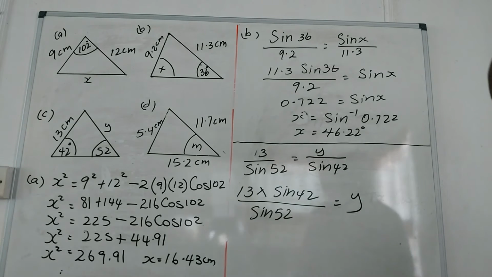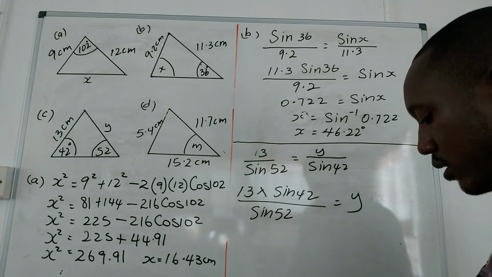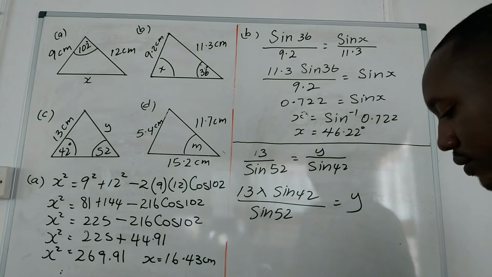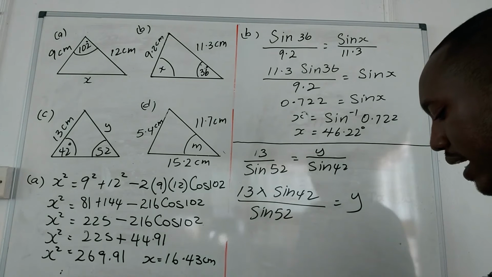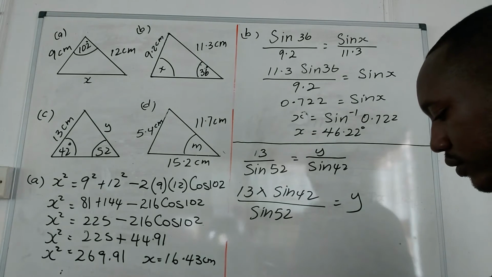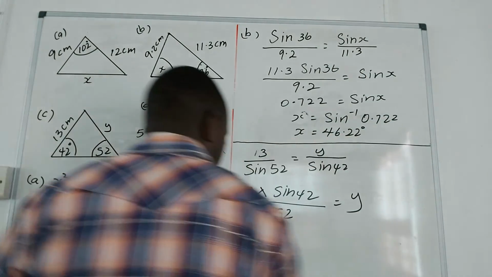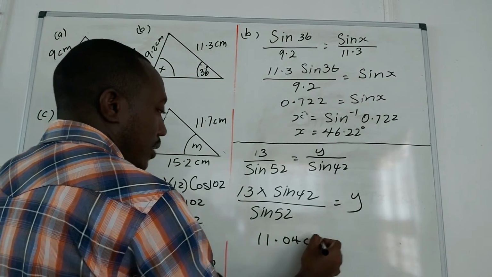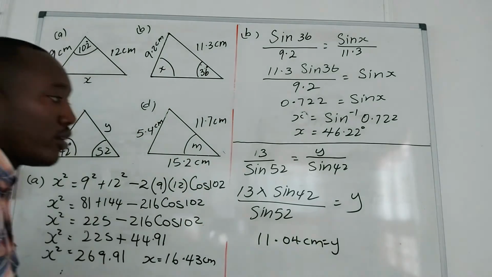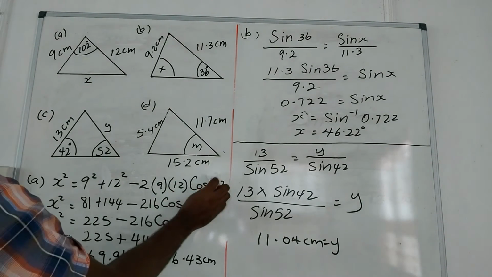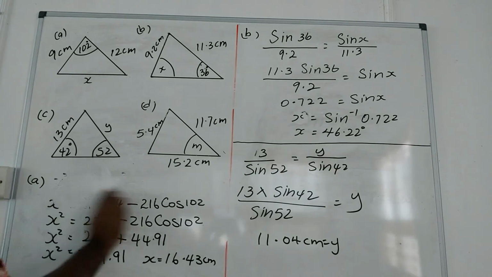So we will work that out. 13 multiplied by sine 42, and then our answer divided by sine 52 will give us 11.04 cm as our value for y. Okay, so I hope you have the same answer. If you got that same answer, you are doing quite well.